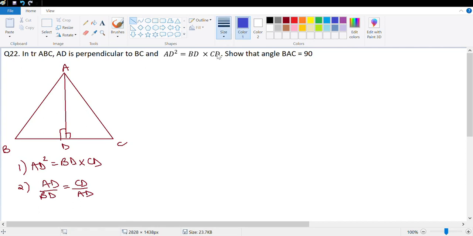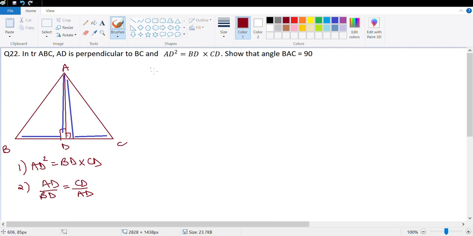It means AD, which is here, upon BD, which is here, is equal to CD, which is here, upon AD, which means again a pair of sides are in proportion and the included angle in both the cases, angle D, is equal, which means I should be able to prove that these two triangles are similar. Let's see if this will help us in any way.